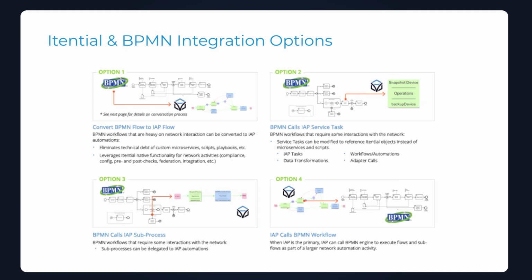We see there are 4 options for integrating BPMN systems with the Itential platform, and it really depends on what the current environment looks like, how the organization is set up, and how you want the functionality to be deployed. First option would be conversion. For folks that have tried and failed to replicate very detailed network interactions in BPMN, there's always an option to do a conversion.